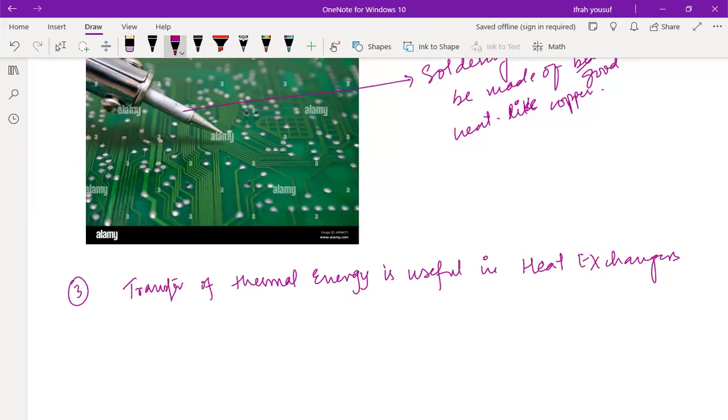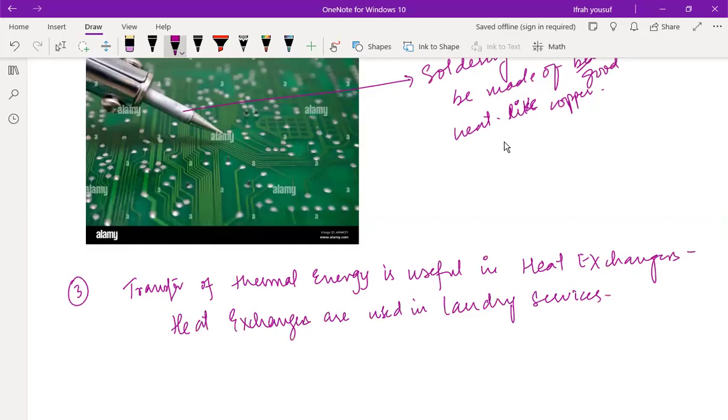Where are heat exchangers used? In laundry services or facilities.